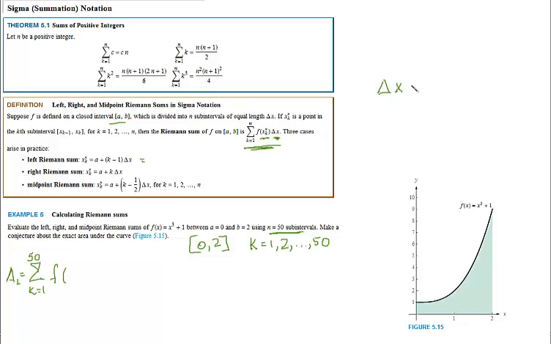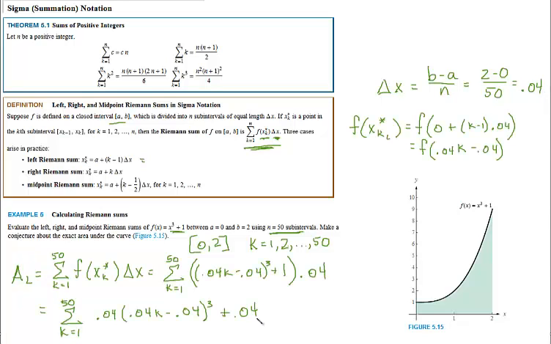Delta x in this case is going to be, if you'll remember, b minus a over however many subintervals that would be, so divided by that n. In our case, we have 2 minus 0 over 50, which means every delta x, the width of all of our subintervals, is then 0.04.